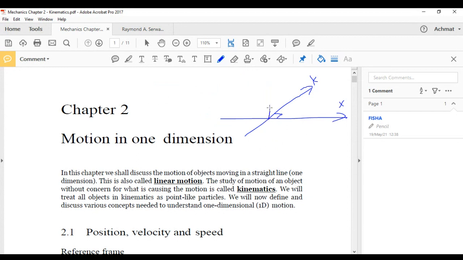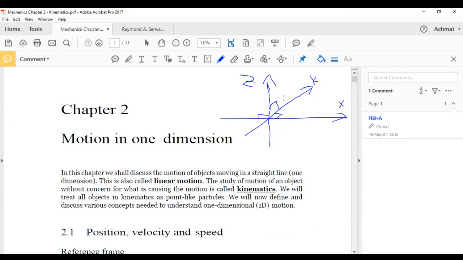And then you have another one going up and down, and that would be your z, where the z is also perpendicular to the y and also perpendicular to the x. So three mutually perpendicular axes, that would be three dimensions.